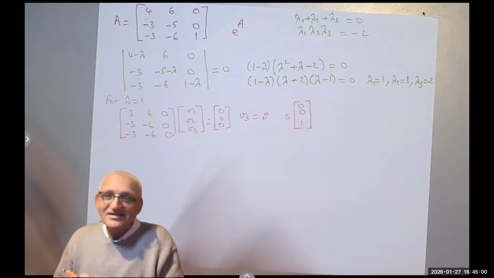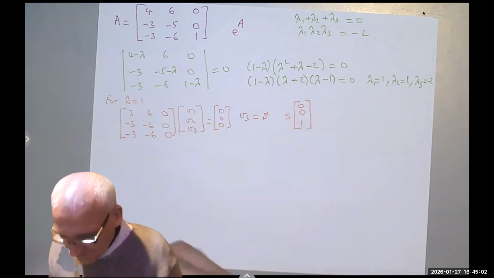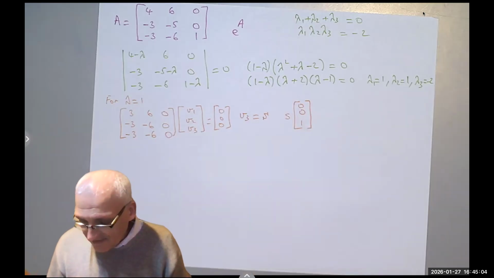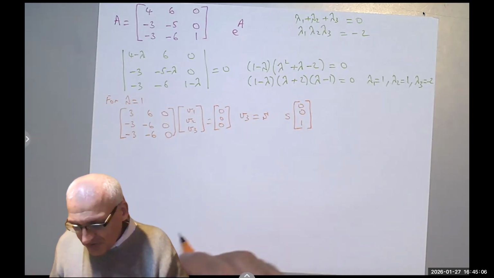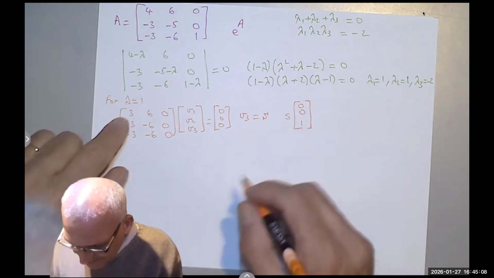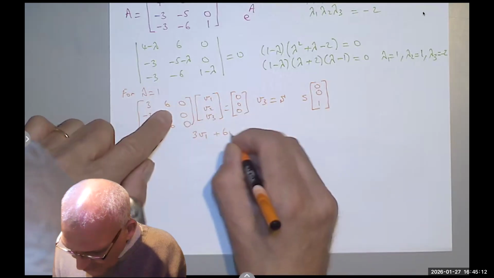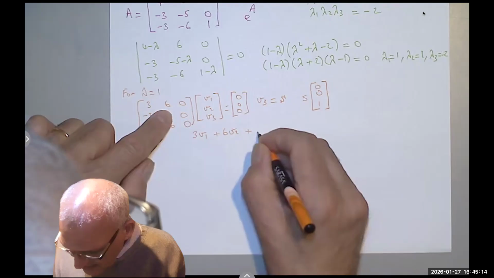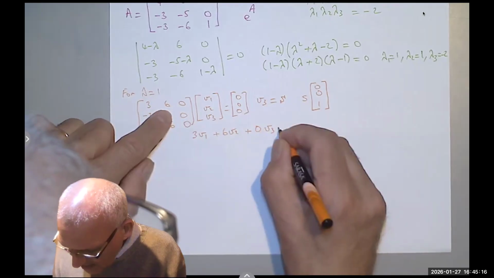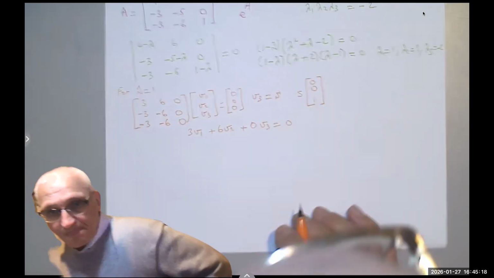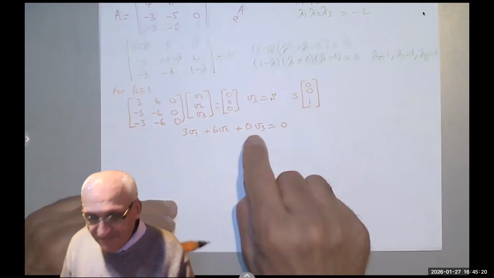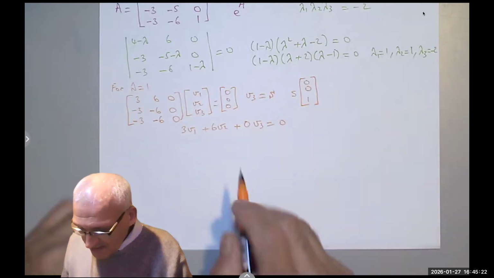Okay, one eigenvector. The second eigenvector: I'm going to say, okay, I have 3V1 plus 6V2 plus 0V3 equals 0. So here the V3 doesn't matter.